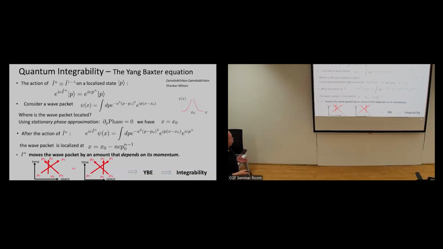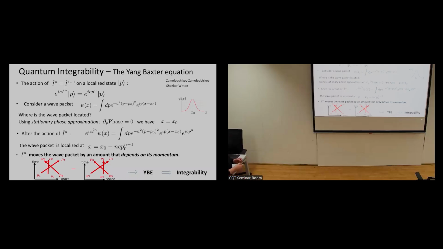This is a very remarkable result, because that means that by acting with this higher order conservation law, I can take this diagram and shift it. Acting on it, I get a diagram where the order is different. If I had only momentum conservation, then I would shift it all together, but the order of scattering would not change. But because I have this higher order conservation law, the order changes.